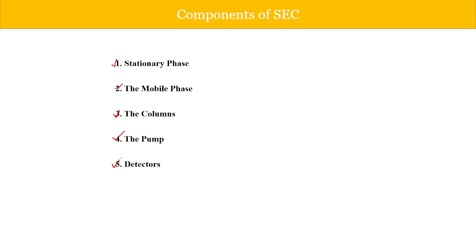The last and important thing is the detector, where you will be detecting when your protein is getting eluted. When the protein gets eluted, you will see a very sharp peak. You are supposed to get a sharp peak, which means your loading of the protein is good, and we can comment on the protein structure from the peaks we get in the detector. We will be seeing an absorption at 280 nanometers.